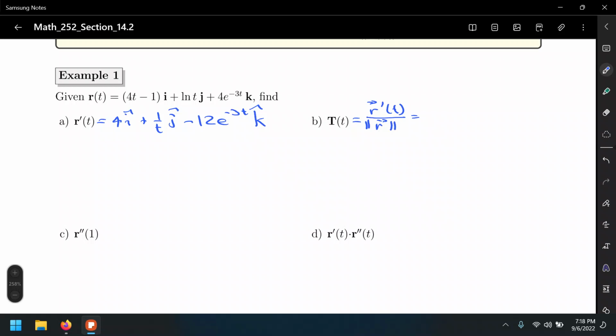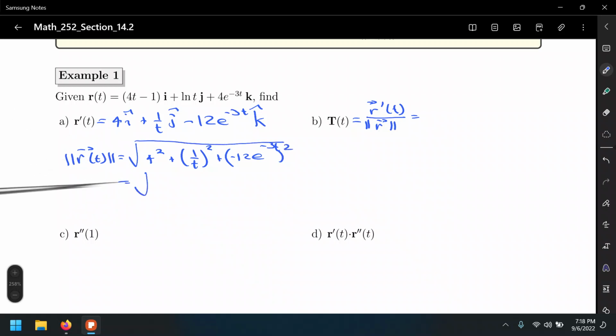All we need this time is to find the magnitude. I'm going to do this below so I can save some space over here. So the magnitude of r prime of t will be the square root of 4 squared plus (1 over t) quantity squared plus (negative 12 e to the negative 3t) quantity squared.